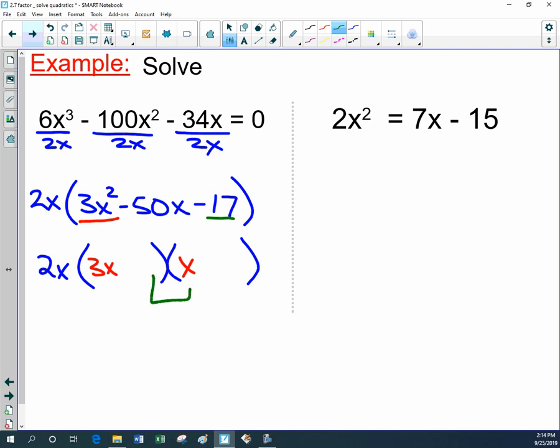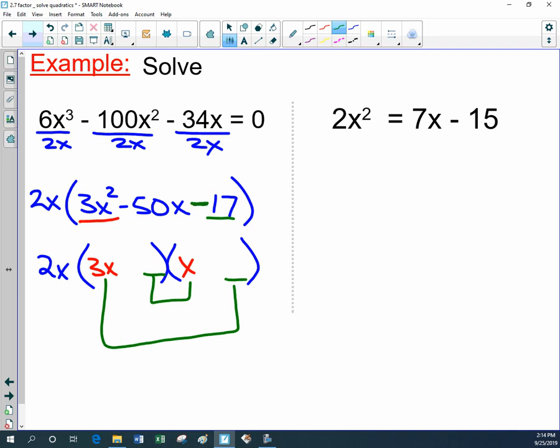So if we do a little bit of mental math here, if I put the 17 in the middle, that would be 17x when I multiply the inside terms together. And then the 1 on the outside, that would give me 3x. So I'd have 17x and 3x.